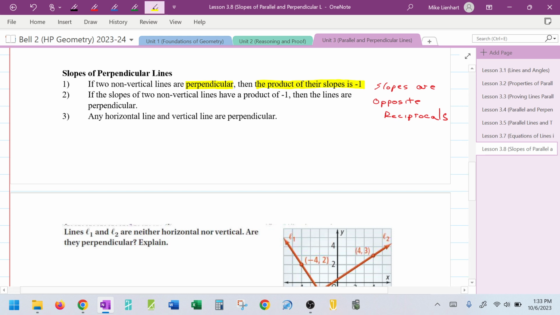They also conclude that any horizontal and any vertical line together are always going to be perpendicular. In other words, if you have a horizontal line, that means slope is 0. If you have a vertical line, that means the slope is undefined. I'll just abbreviate it. The slope of 0 and the slope that is undefined indicate that we have perpendiculars.